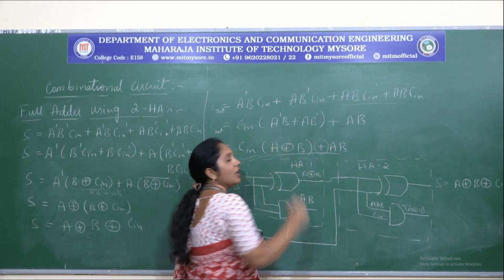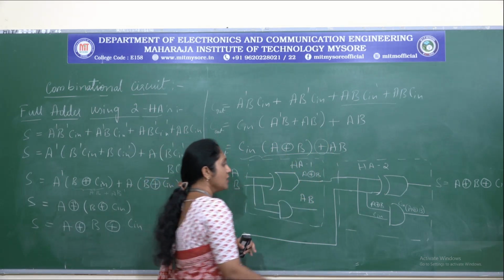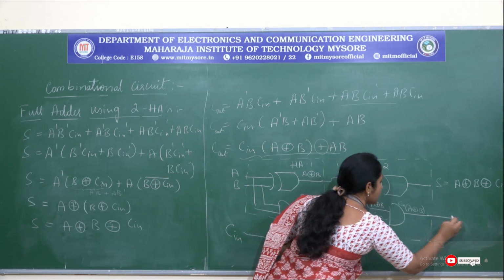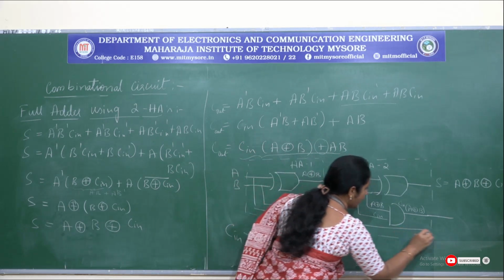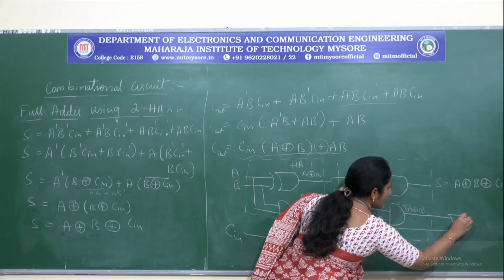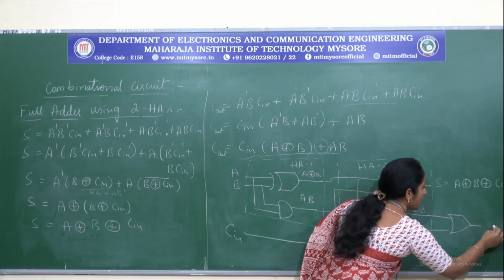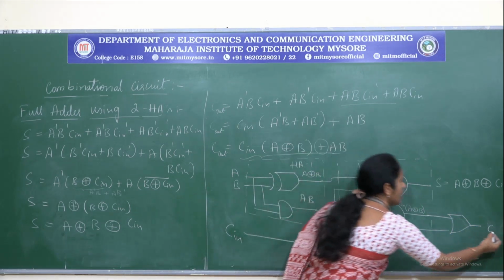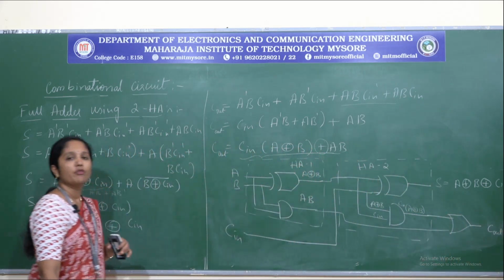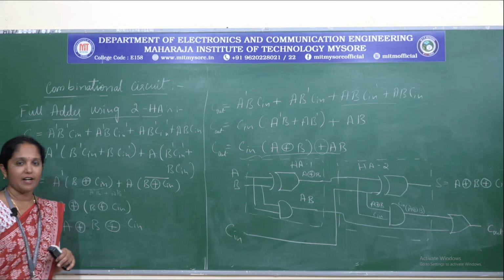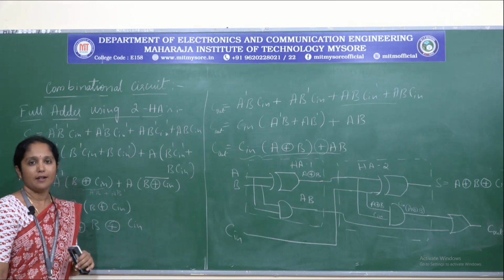That additional logic gate required is an OR gate. The first term is here, and the second term is available here. If you give these two to the OR gate, we get the C out expression. So this is how we realize a full adder using 2 half adders and 1 OR gate.